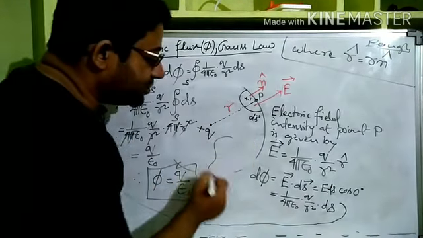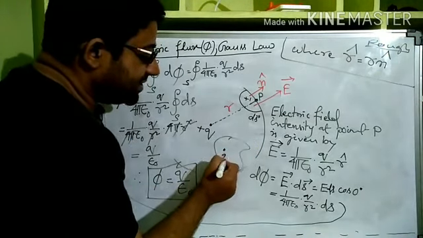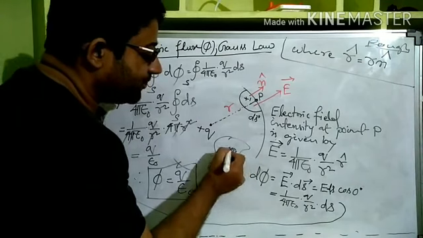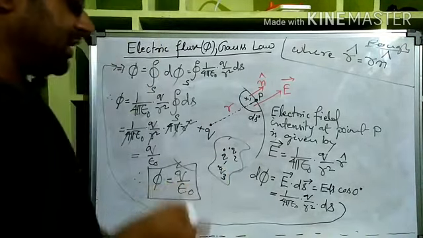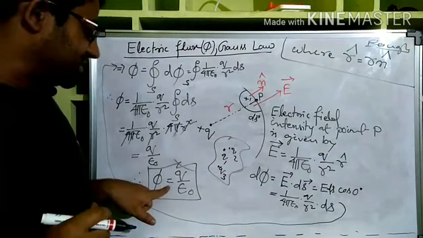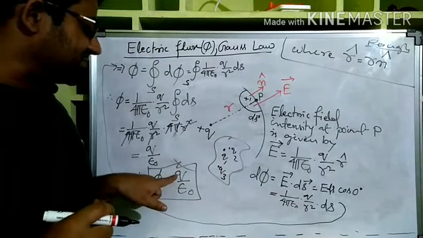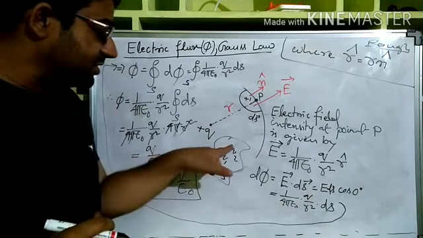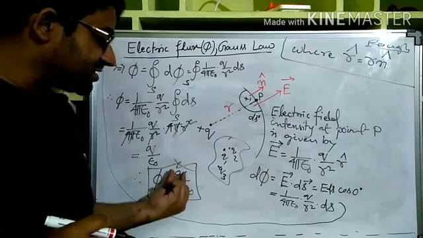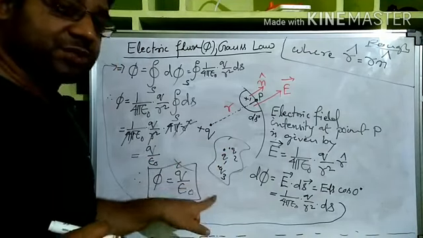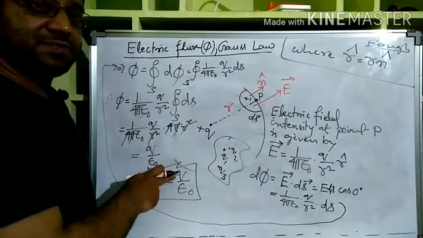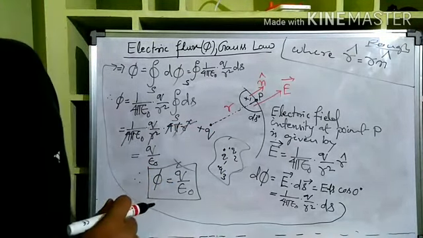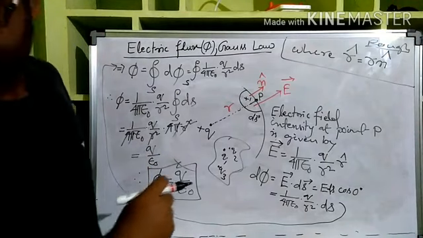And if in a closed surface there are, let us say, q1, q2, q3, many charges included, then what will happen? Phi is equal to 1 by epsilon naught times the charge enclosed in the surface. So in place of q, you have to write q1 plus q2 plus q3. So all the charge enclosed in the surface will be this charge. Fine? Clear to everybody?